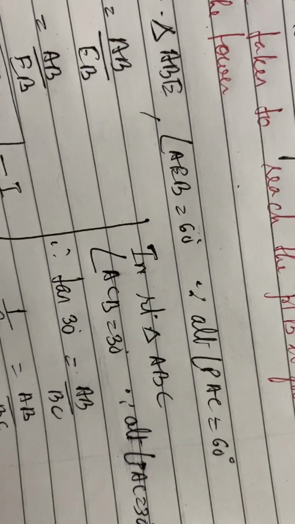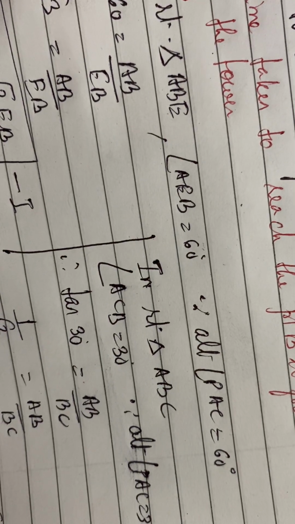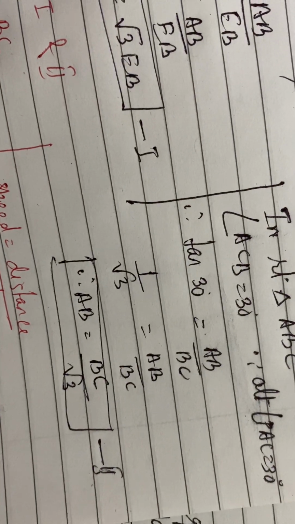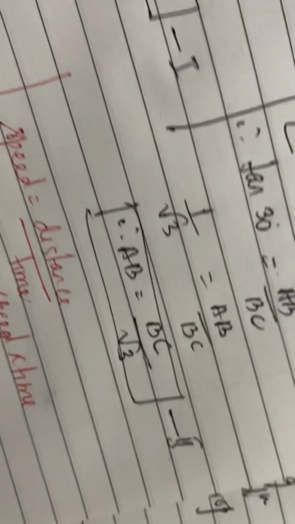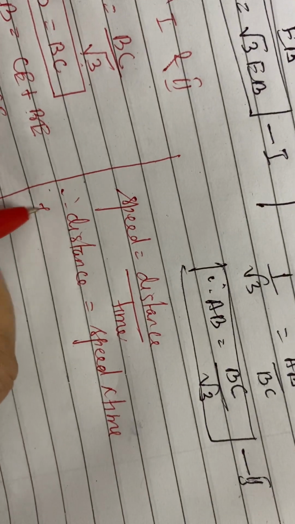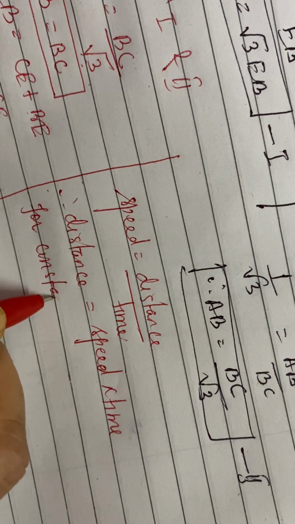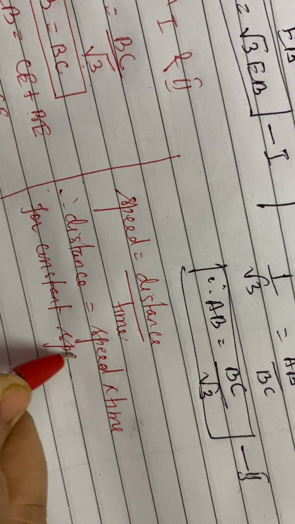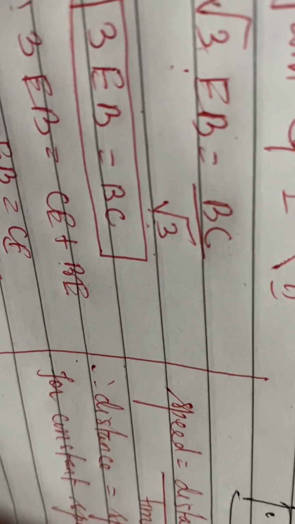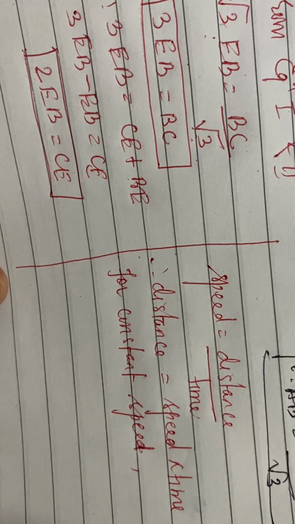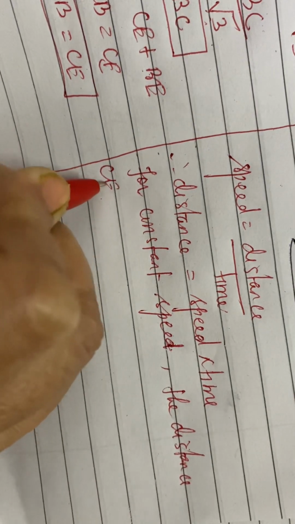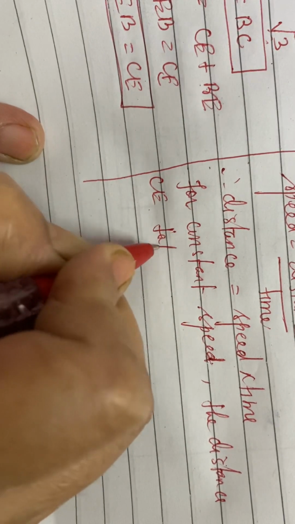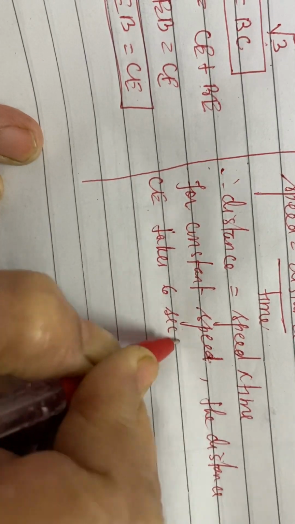So we assume it to be 1 kilometer per hour, as such unity. So when the distance is CE, the time taken is 6 seconds. For constant speed, the distance CE takes 6 seconds.